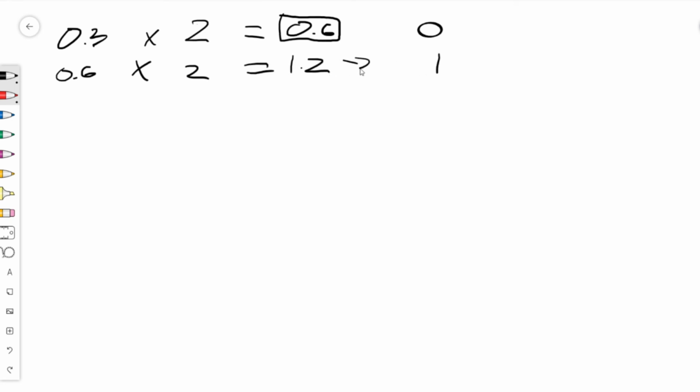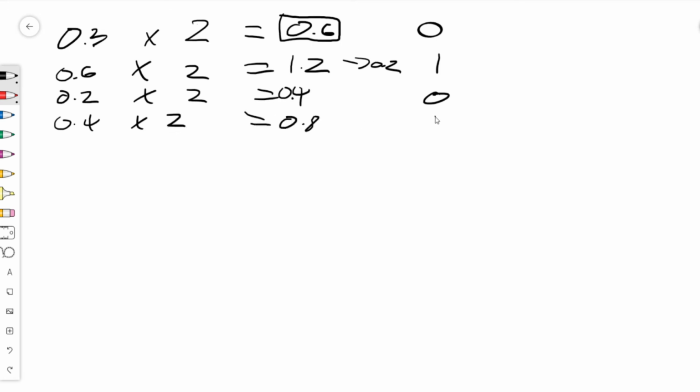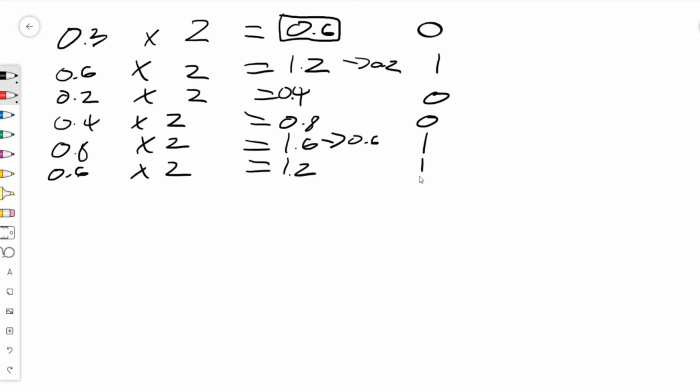Take the 1, leaving 0.2. 0.2 times 2 equals 0.4. 0.4 times 2 equals 0.8. 0.8 times 2 equals 1.6. And now we're going to begin the loop that we just discovered in our previous version of this method. And our number will go like so, infinitely.